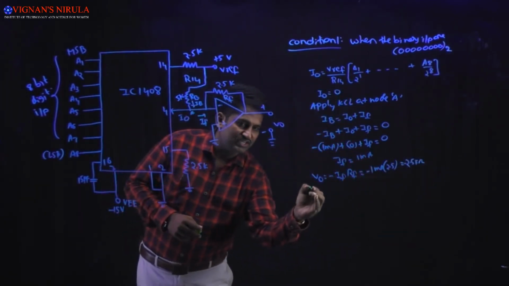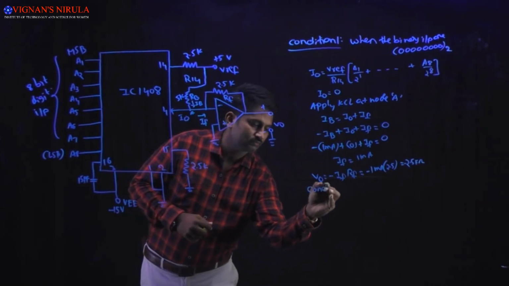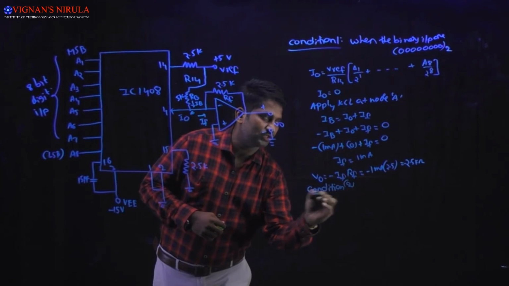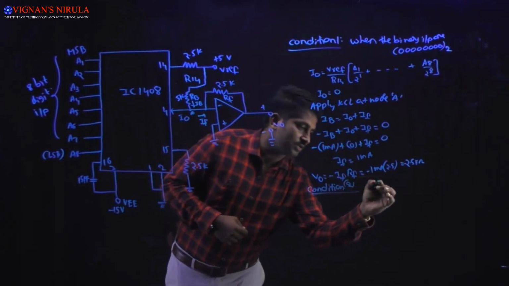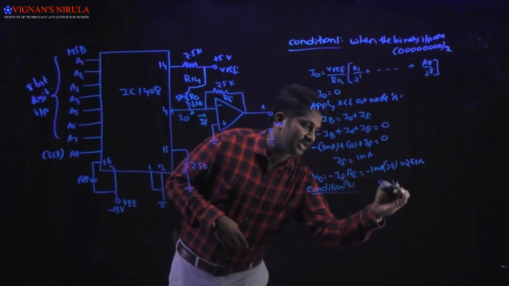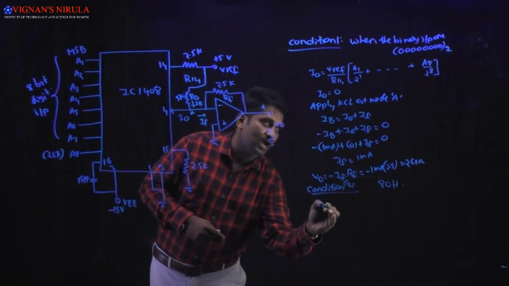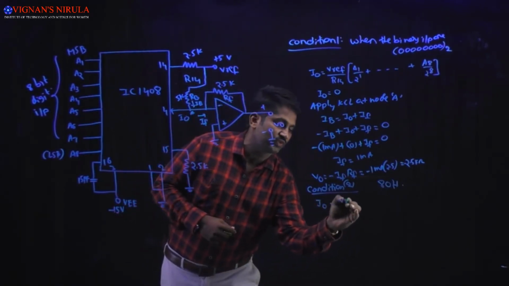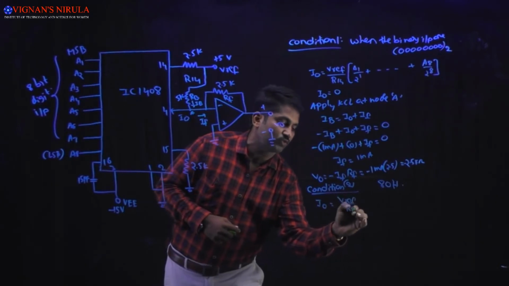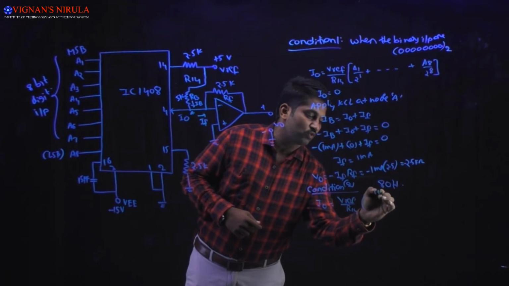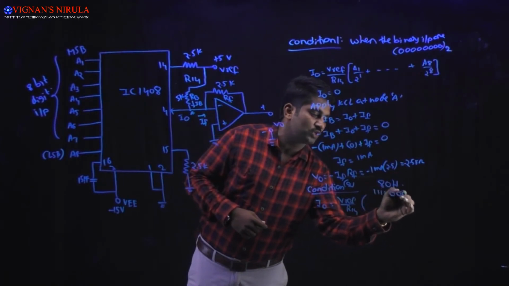Similarly, condition 2. Condition 2 is when the binary input is 80H, then what happened? Then we calculated the output I naught is equal to V reference divided by R14 into N. 80H means 4 ones and 4 zeros.